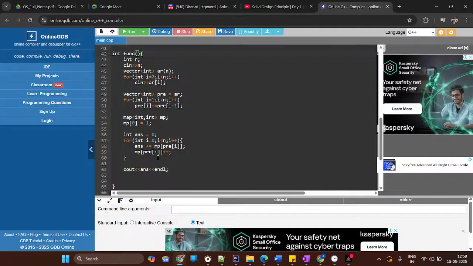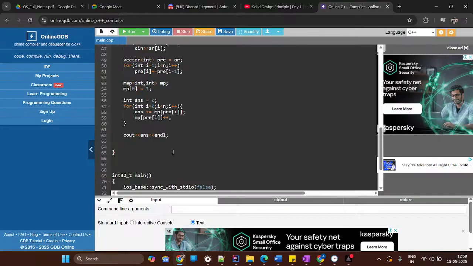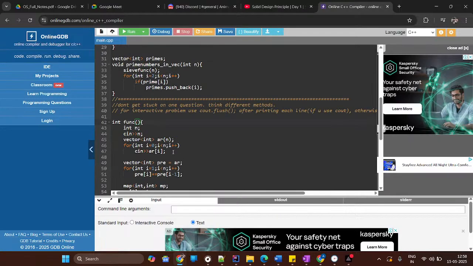Okay, fine. Looks good, looks good. And then this should work too. Okay. Cout answer. It didn't print anything. Is it taking test cases? Yeah, and then it's calling func. It's good. Okay, it should be void.